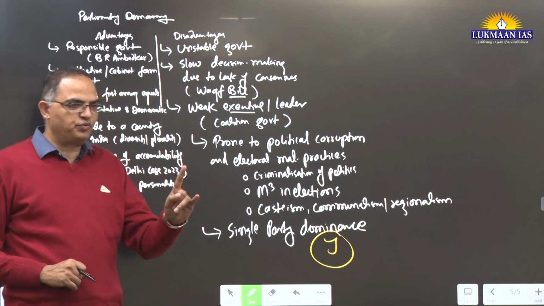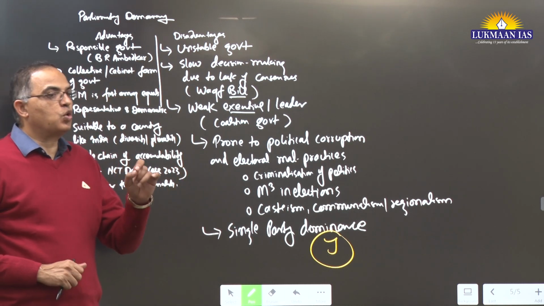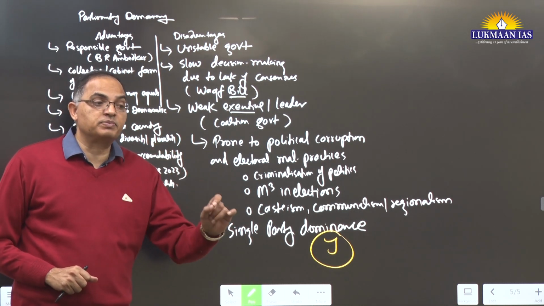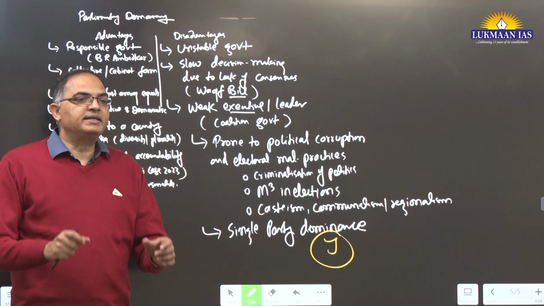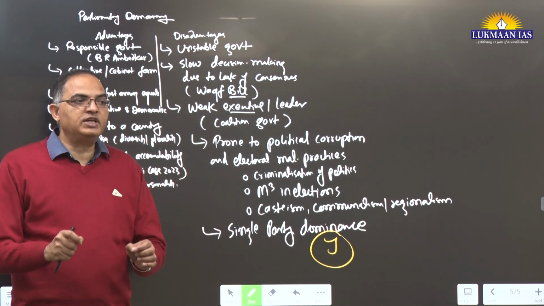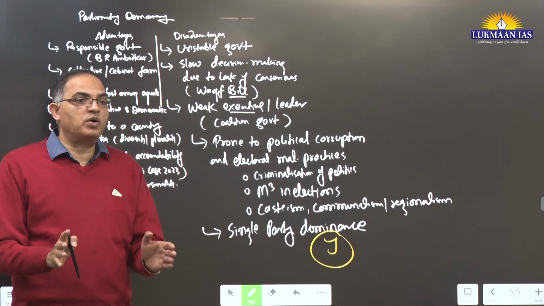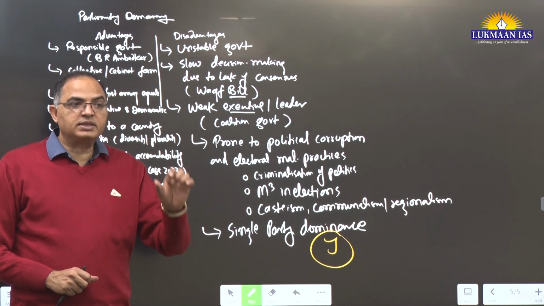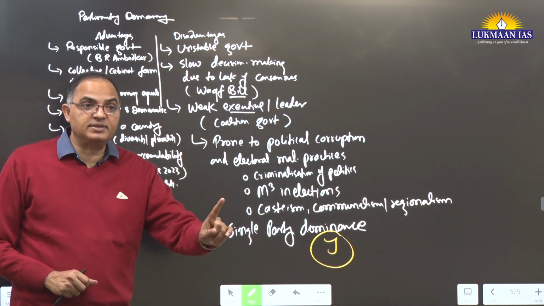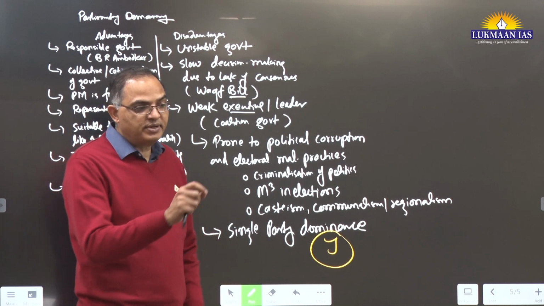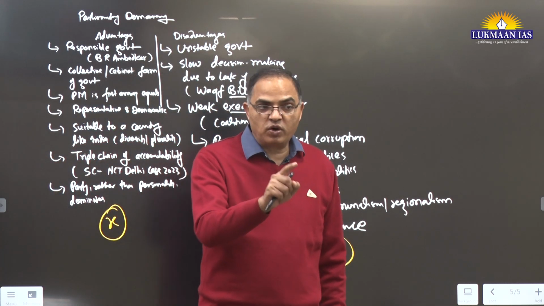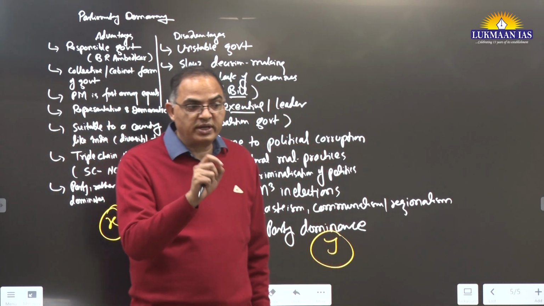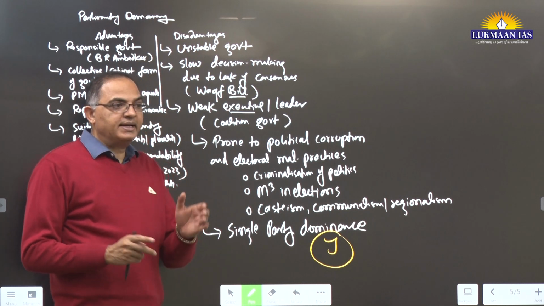The most important factor was that the government should be a responsible one. And since in parliamentary democracy you have a collective form of government, as the prime minister is considered first among equals, it is the cabinet that takes decisions. In many areas, if the cabinet does not take a decision, the government cannot take a decision.